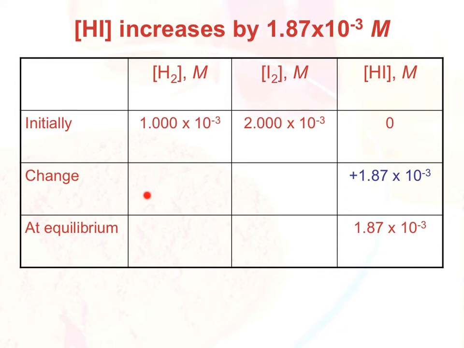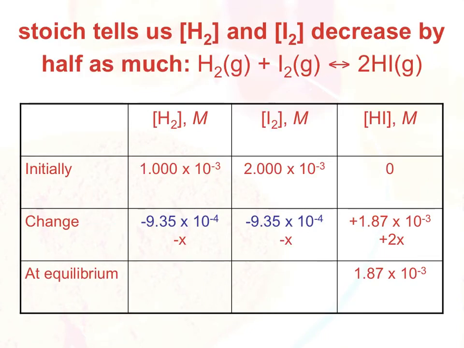Now we need to talk about the change associated with each of our reactants. That's going to be related to the quantity we see here, as well as the coefficients in front of each of these reactants. Stoichiometry is going to tell us how much our concentrations of I2 and H2 are going to change.